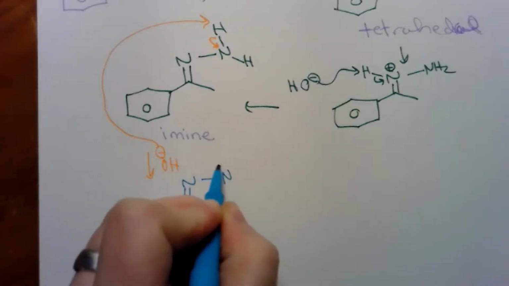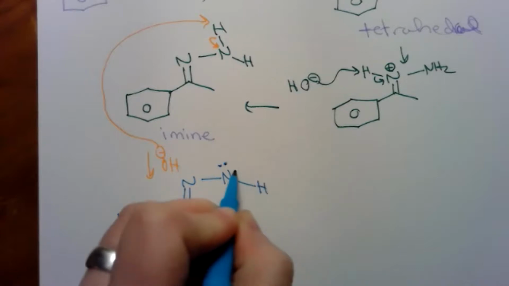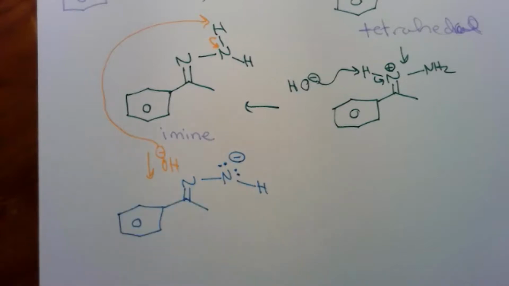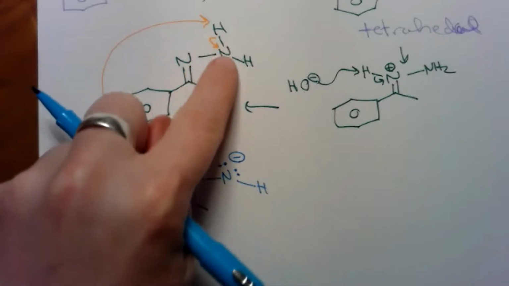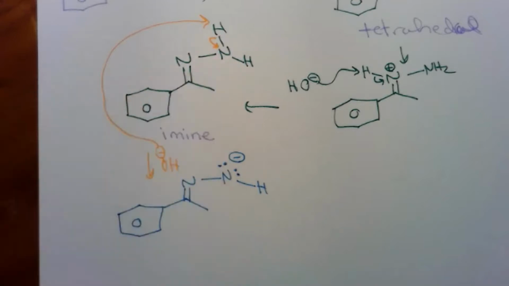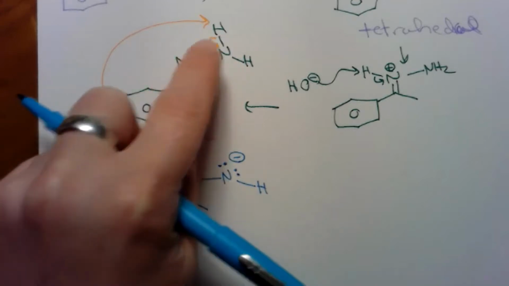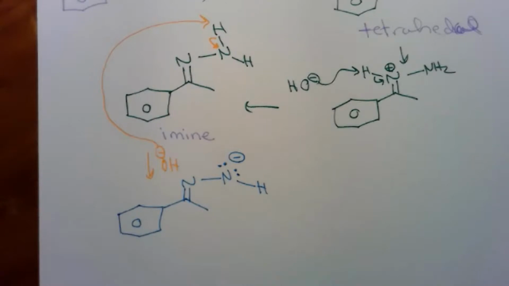The Wolff-Kishner is a reduction. It gets rid of a C=O. And the way it does that is you must react with hydrazine because the H's on this nitrogen are quite important. You can deprotonate one of the H's on that terminal nitrogen after your imine is formed to get here.